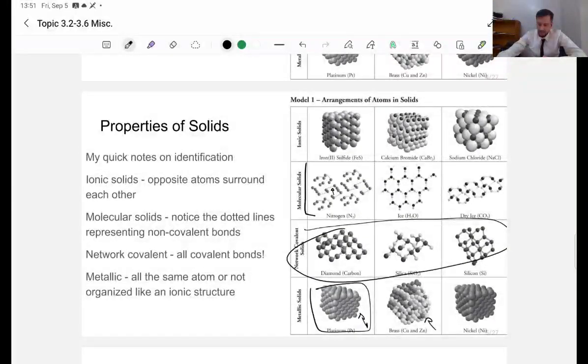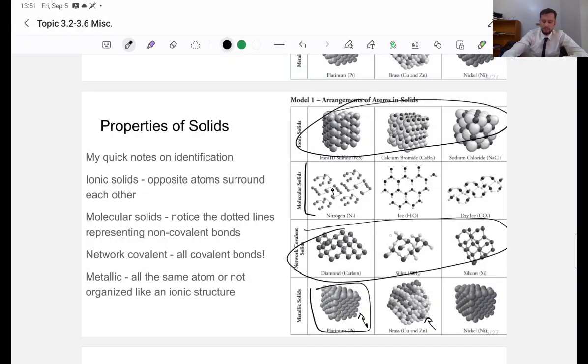Or here with brass, copper, and zinc, it's kind of helter-skelter. It's not the same atom, but it's not like the ionic structures up here, where it's always alternating one and the other.